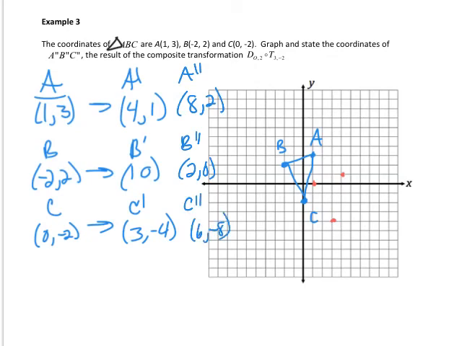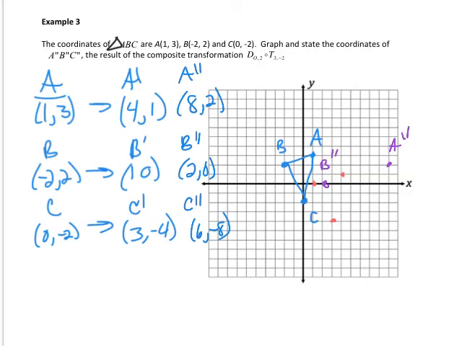So I'm going to graph that. Let me try to pick a different color. Let's graph that in purple and see where we go. So A double prime is going to be 8, 2. I'm taking the red and I'm dilating it by 2. B double prime is 2, 0. So here's A double prime. I got to label them. And B double prime.